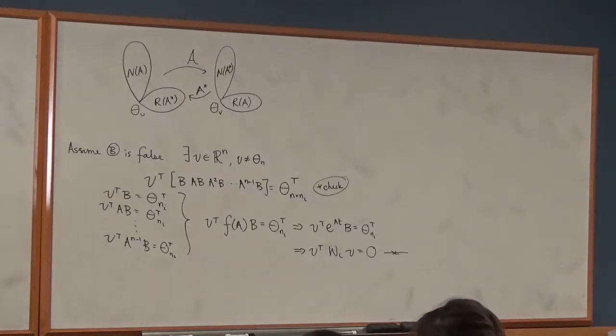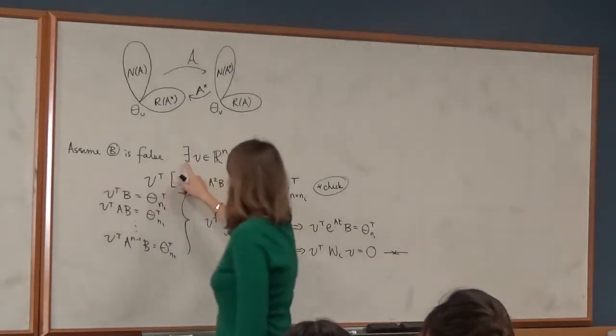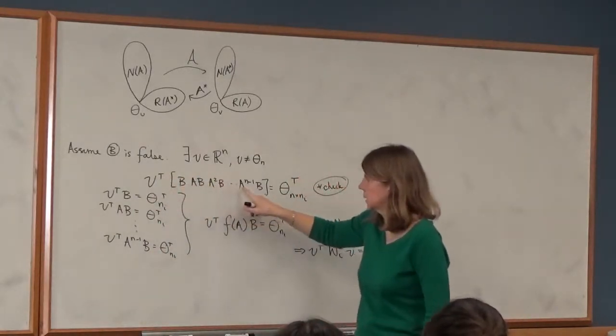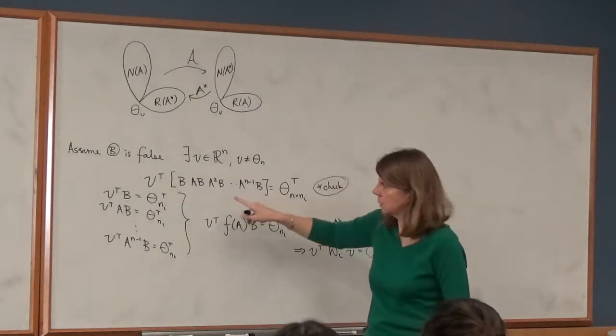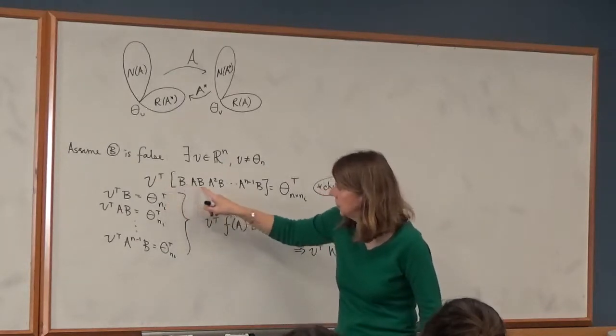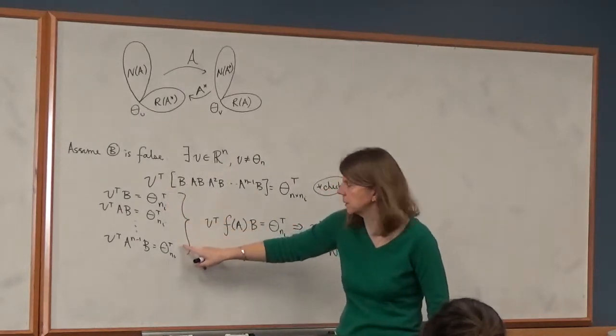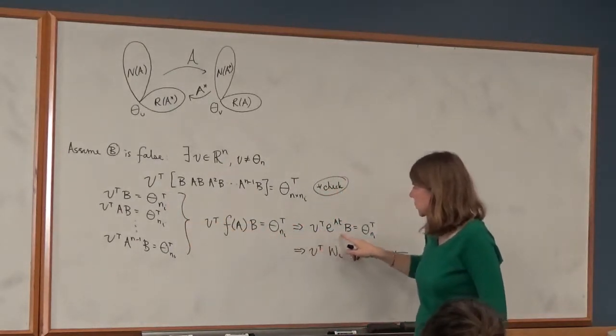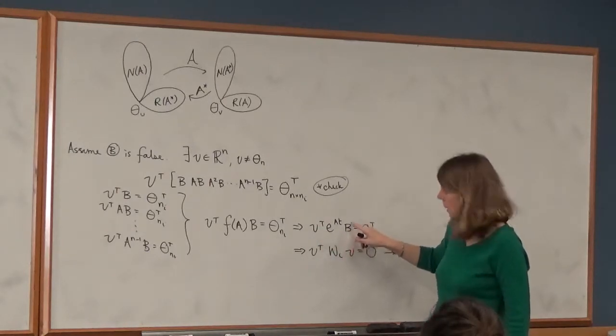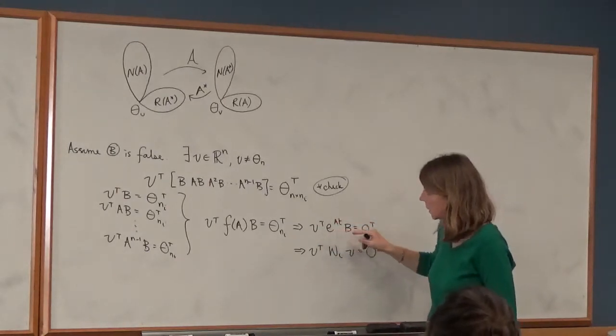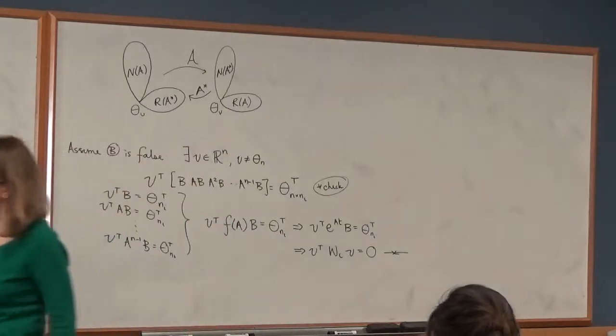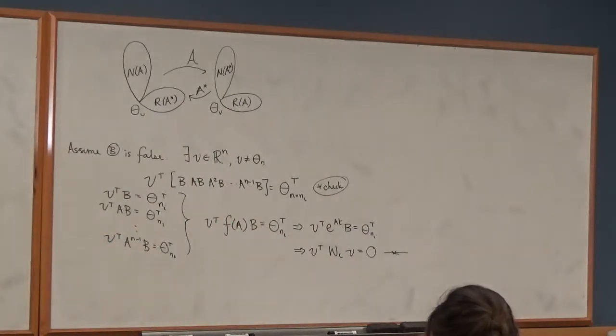And so if I assume that B is false, directly from that I get a statement like this. And directly from that I can bring B into the columns and I get these are all 0, which leads me to this being 0. But this piece here is just this piece here.